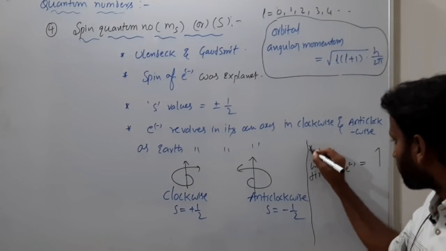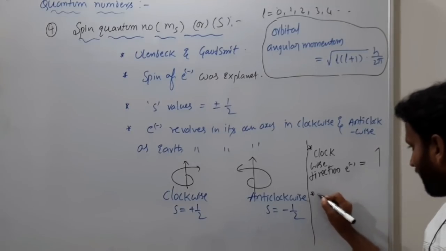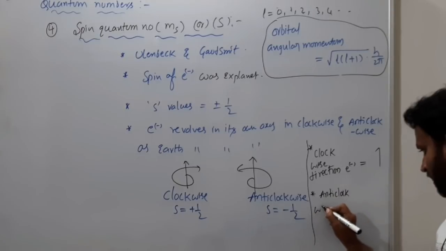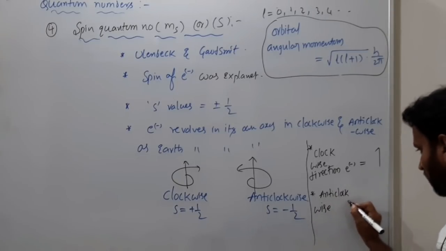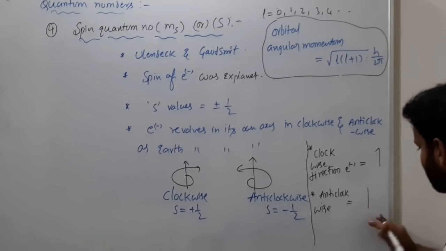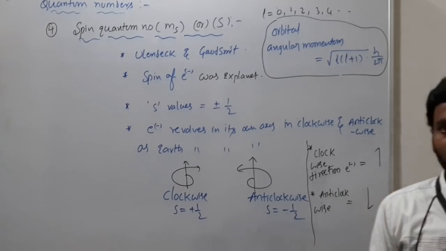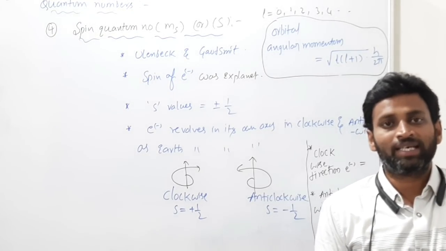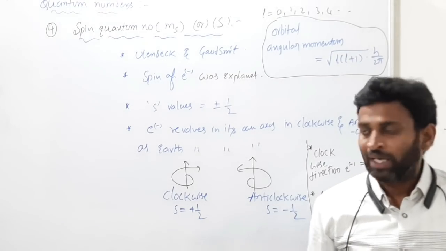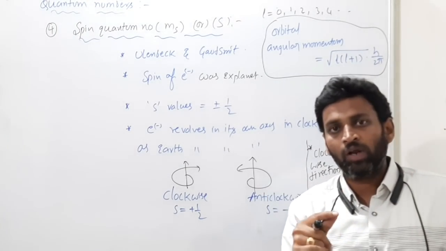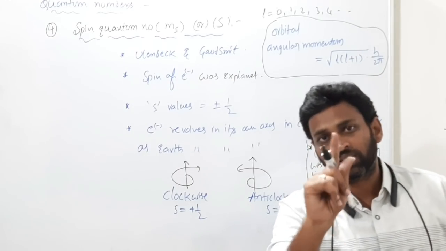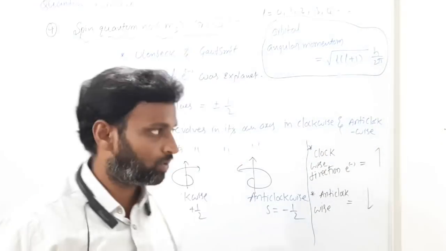And an anti-clockwise revolving electron is represented with a downward arrow. So electron upwards means clockwise direction, electron downwards means anti-clockwise direction. If a particular degenerate orbital has a single electron, we represent it upwards only, clockwise direction. Remember this one.